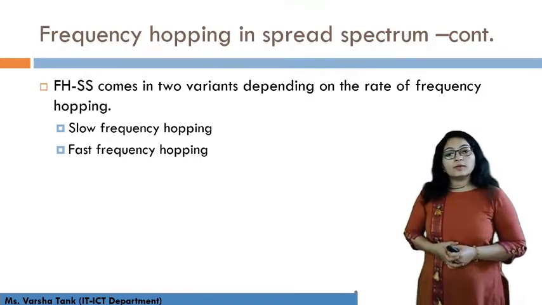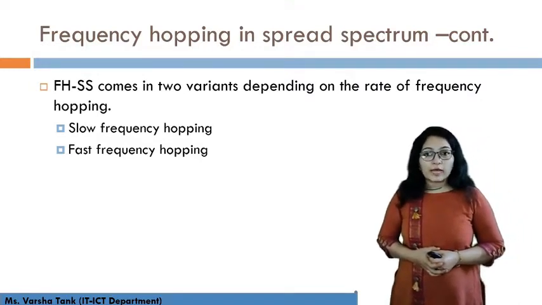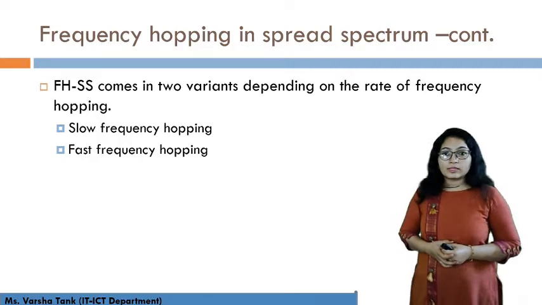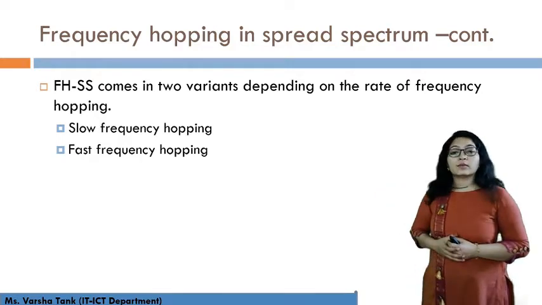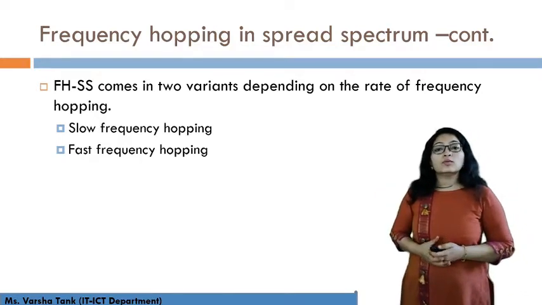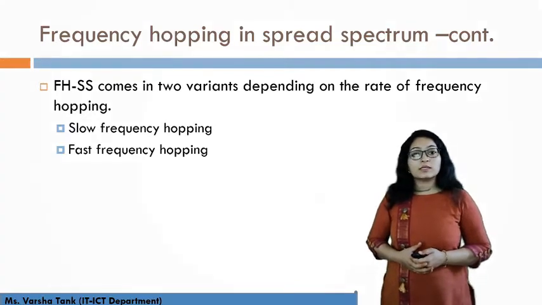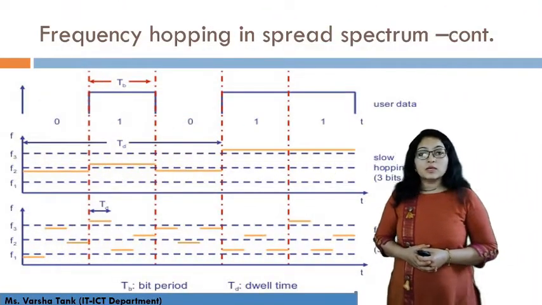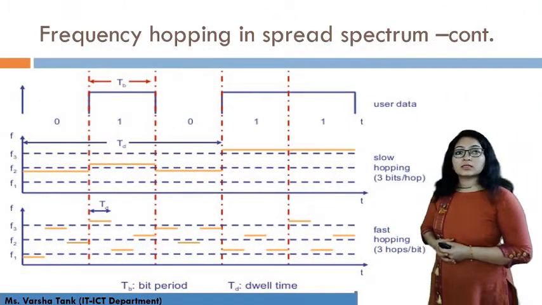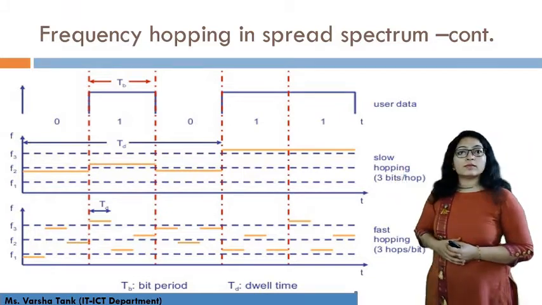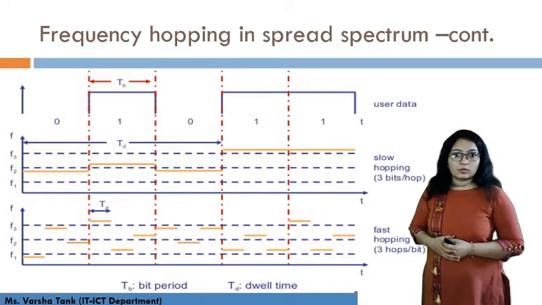Now, in frequency hopping spread spectrum, we have two types: slow frequency hopping and fast frequency hopping. So what are slow and fast frequency hopping? Let's see.